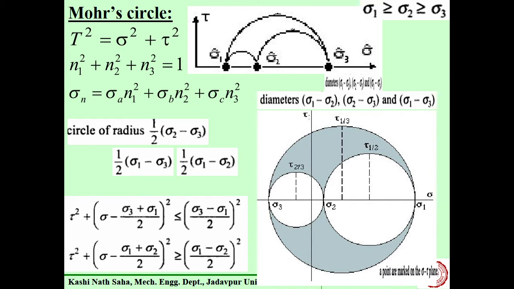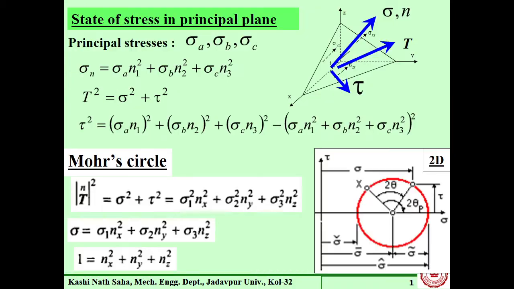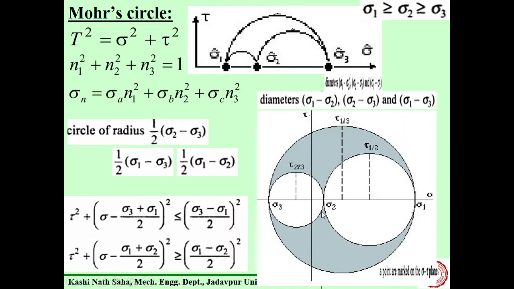Now, as the circles are coming from a given basic state of stress, the values of sigma 1, sigma 2, sigma 3 cannot be arbitrary. They are finite real numbers. Those things we have seen earlier.